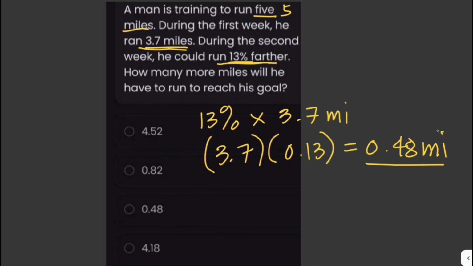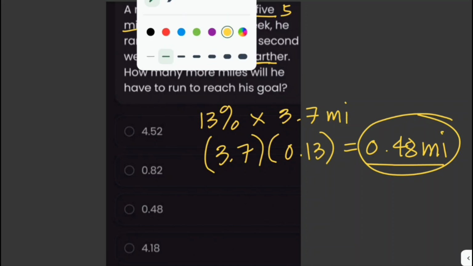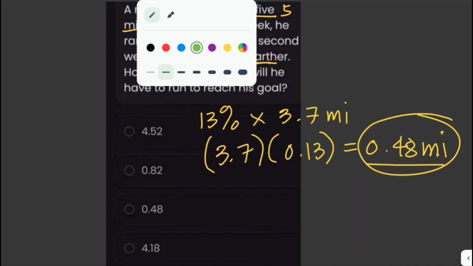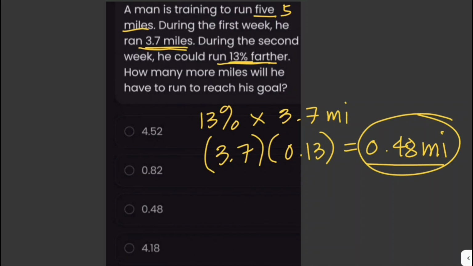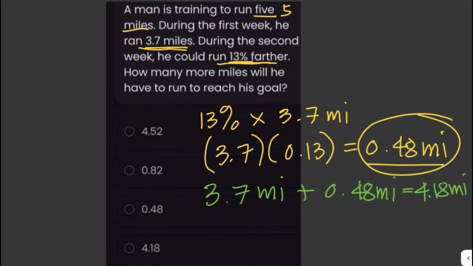And then we can add that distance to the distance he could already run, which is 3.7 miles. So that is 3.7 miles plus 0.48 miles. This is just equivalent to 4.18 miles.